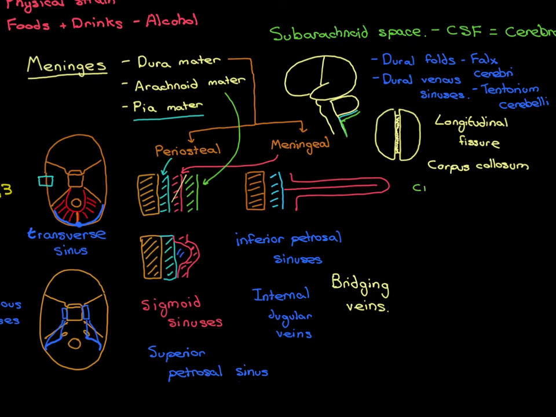So that space where you've got a big amount of cerebrospinal fluid is called the cisterna magna, and that's the main place where you've got a big gap in between the pia mater, which is adhered to the brain, and the arachnoid mater, which is adhered to the dura mater.